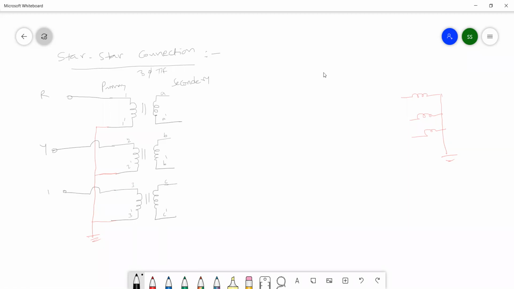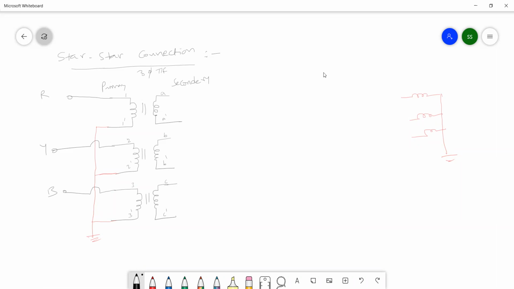R, Y, B. That is nothing but the neutral wire. Now it should be clear on primary side. The similar ends 1 dash, 2 dash, 3 dash we joined, and the remaining we drag out for our input supply.